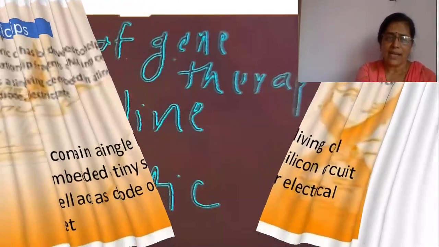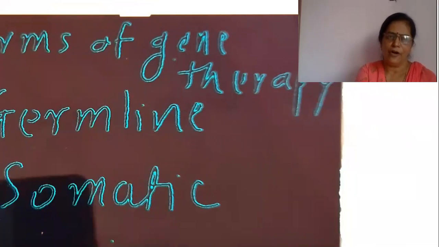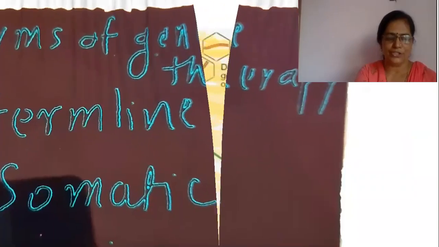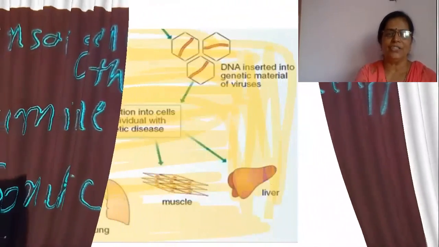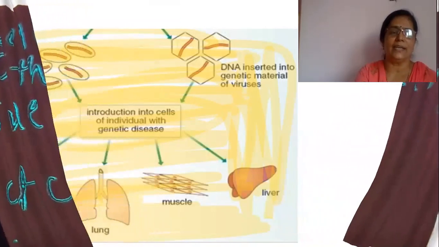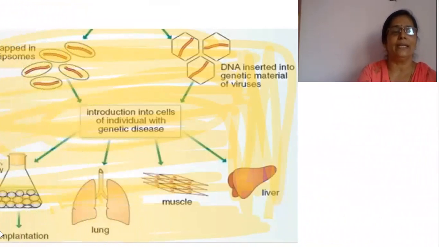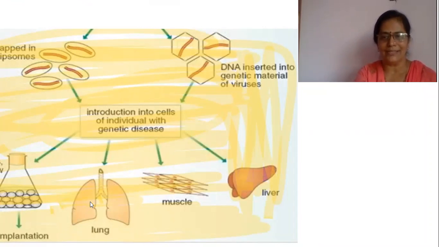Then there are different forms of gene therapy: germline gene therapy and somatic gene therapy. In somatic gene therapy, the gene is transferred into an organ.